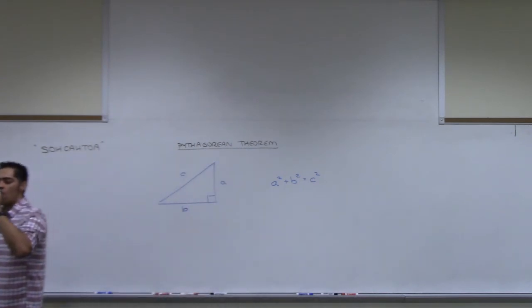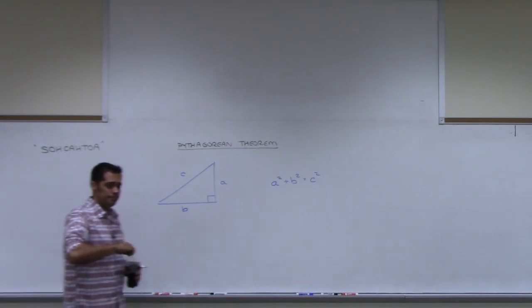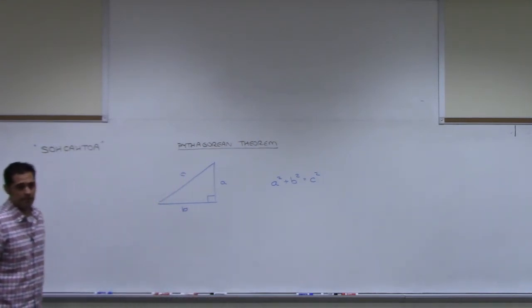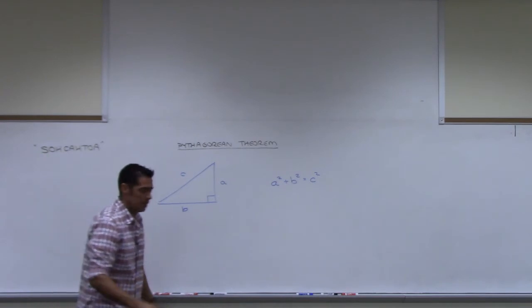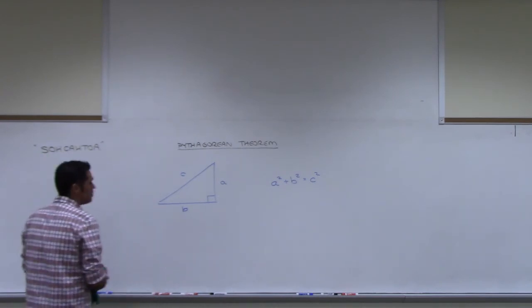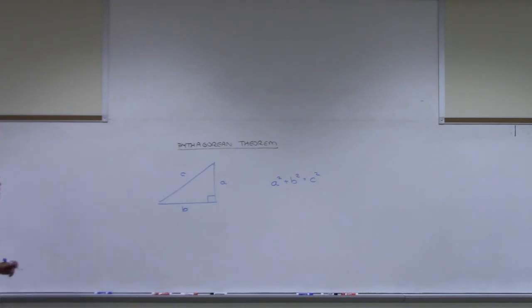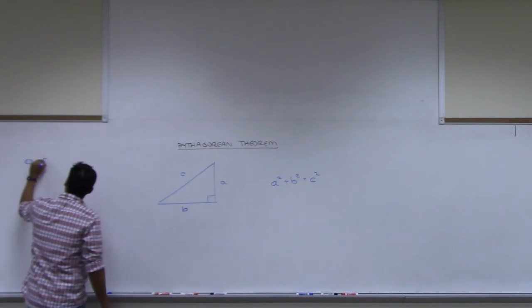In other words, if you have 2 sides of a right triangle, you can always solve for the third side. You all got that? If anyone gives you two sides of a right triangle, you can always solve for the third. So let's do a couple of examples. We'll start off with very basic, and then we'll move our way to something more difficult. All right, how about this? As an example, find all sides.